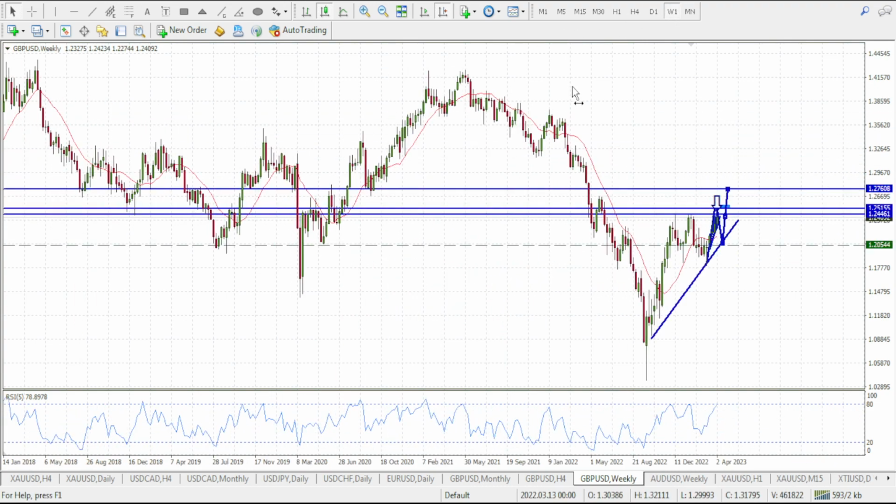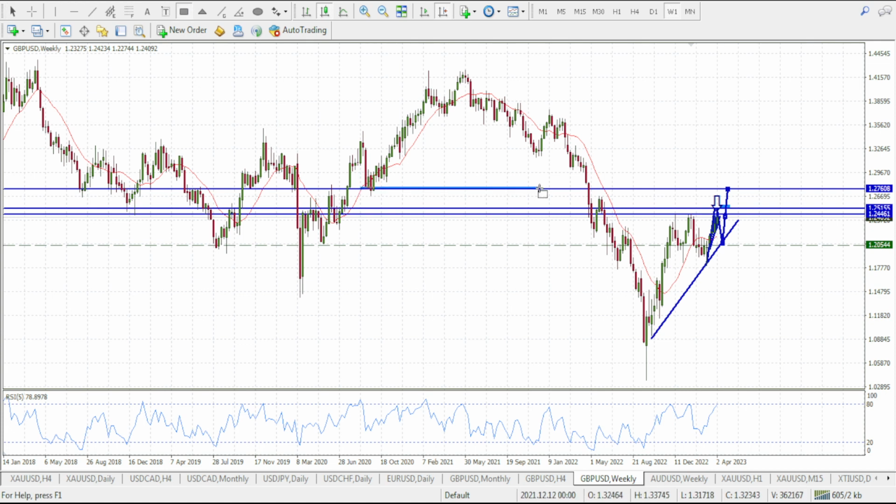Now let's see that level on a weekly. Wow, that is super amazing. See this ABCD, the weekly and the daily pattern ABCD.